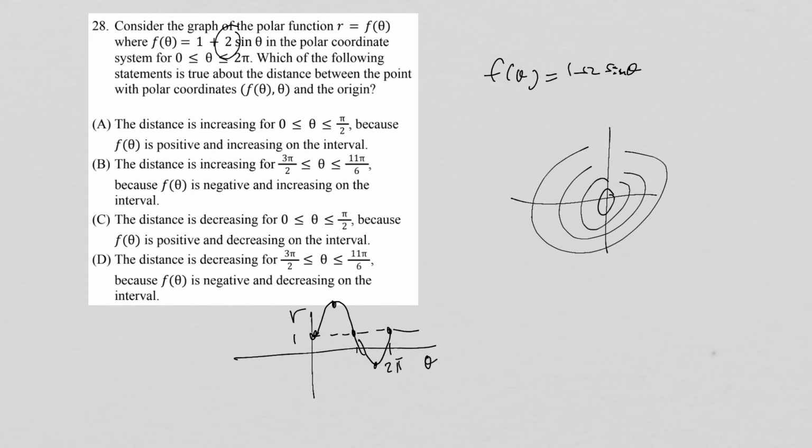Now, when you translate these points to the polar, it goes like this. 1 at 0. At 90, it's all the way up at 3. Then at 180, it's back down to 1. So it goes like that. But then a funny thing happens here, because it actually hits 0.